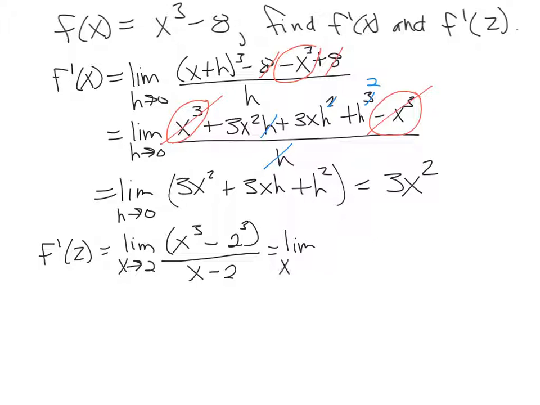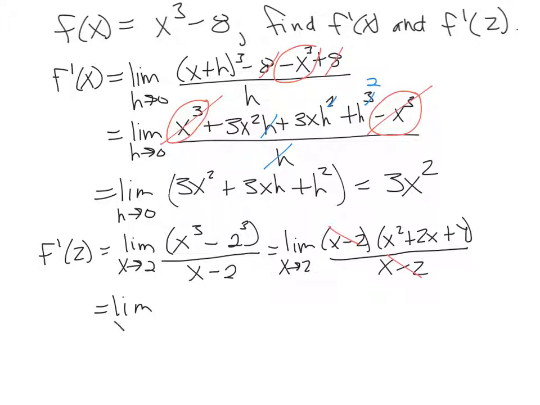We're factoring the difference of 2 cubes, so we'll have x minus 2 as our first factor, and x squared plus 2x plus 4 as our second factor. And now we can see that the x subtract 2's will cancel. And we now have the limit as x approaches 2 of x squared plus 2x plus 4, which is 4 plus 4 plus 4, and 4 plus 4 plus 4 is 12.